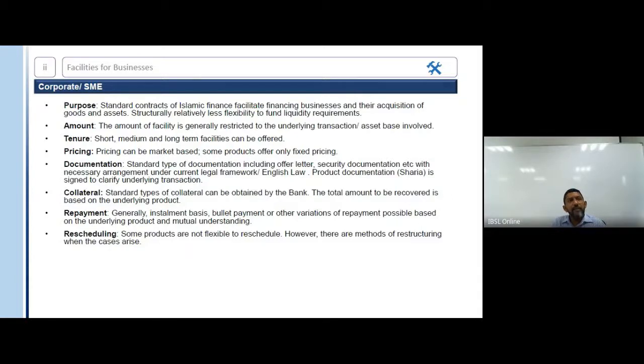That should also ensure that whatever collateral and securities we take should be executable in a court of law.